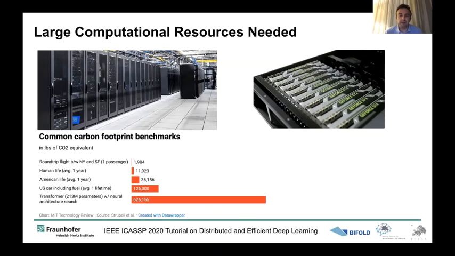People compared the carbon footprint of these models with the carbon footprint of a human life on average, 1 year of American life on average, or even one lifetime of a US car, including fuel. And you see that the carbon footprint of this deep learning model is much larger than, for example, the carbon footprint of an average human.